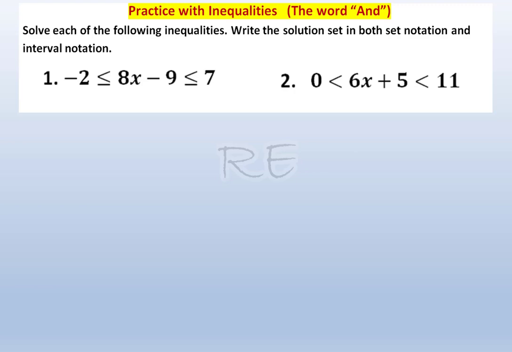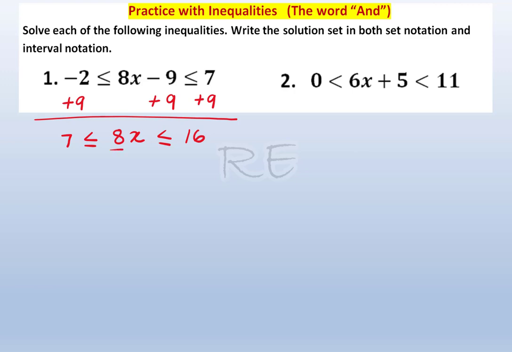Solve each of the following inequalities. These are conjunctions. So for number 1, we're going to add 9 to all three sides. -2 plus 9 is 7, less than or equal to 8x, less than or equal to 7 plus 9, 16.